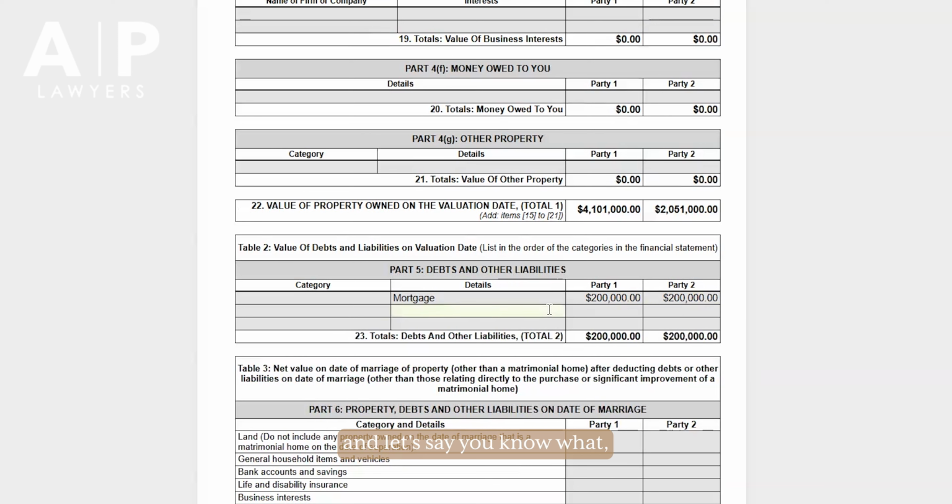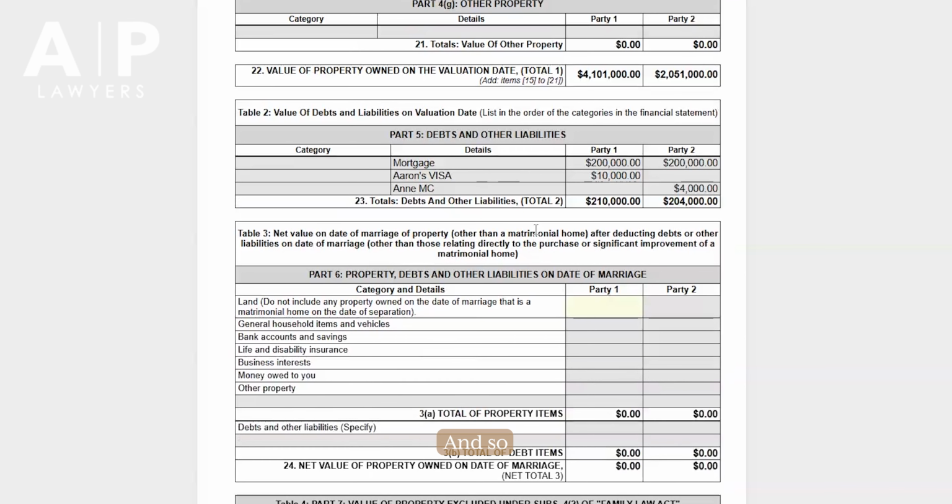Okay, and let's say they're carrying credit card debt. So let's say Aaron's Visa is at $10,000, and Anne has a MasterCard, and she's carrying, let's say, $4,000 on the card.